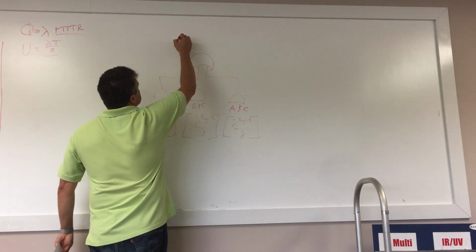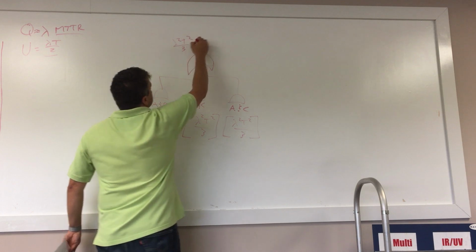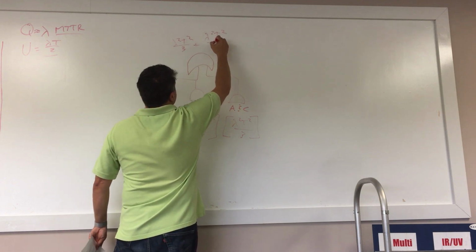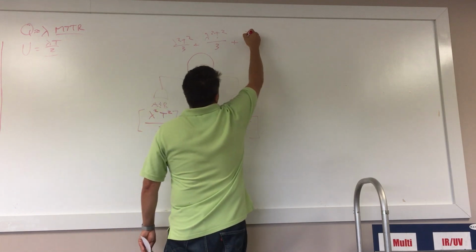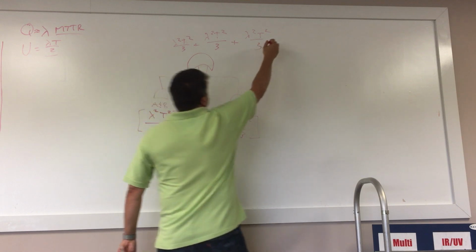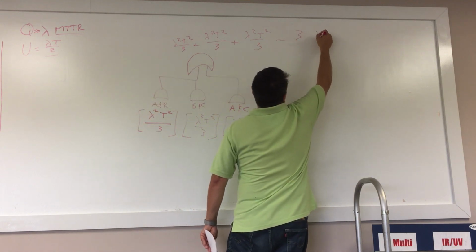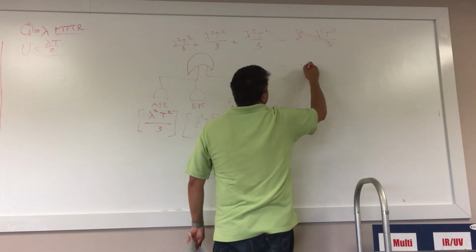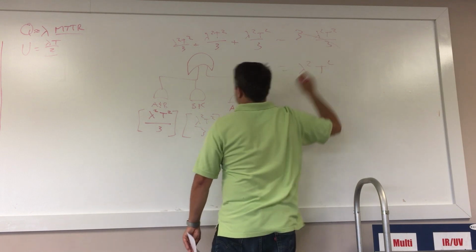So I've got lambda squared t squared over 3 plus lambda squared t squared over 3 plus lambda squared t squared over 3, which equals 3 times lambda squared t squared over 3, which is lambda squared t squared.